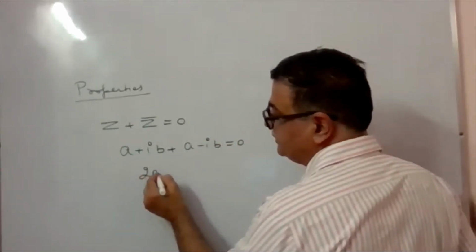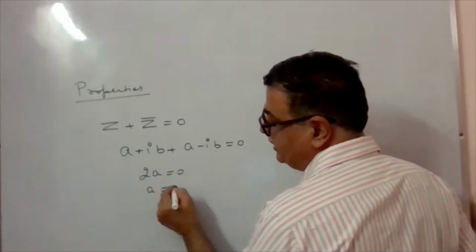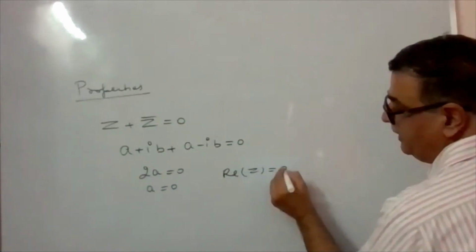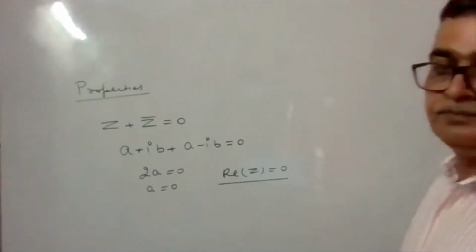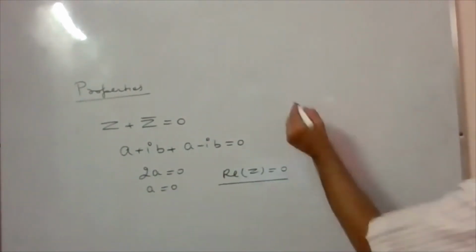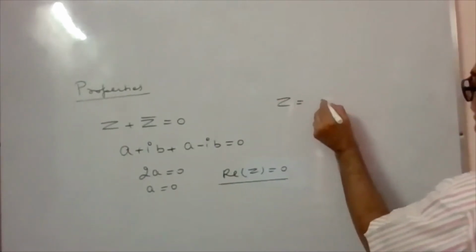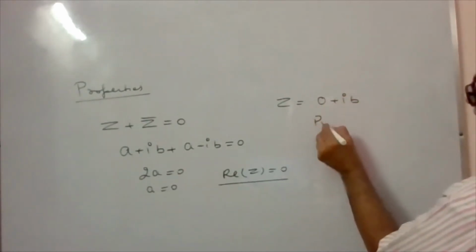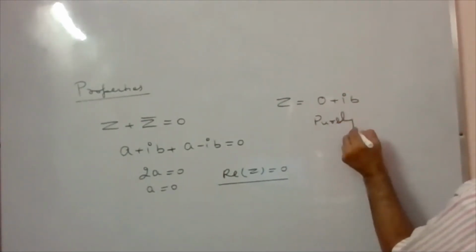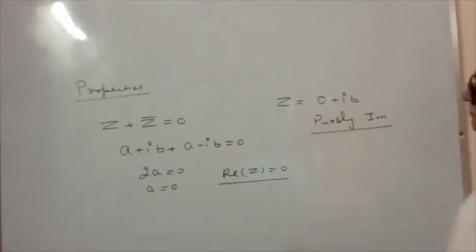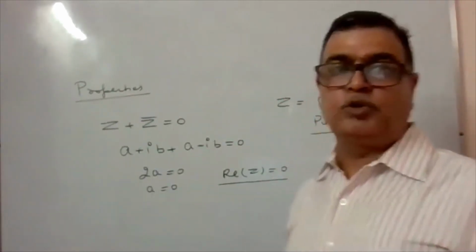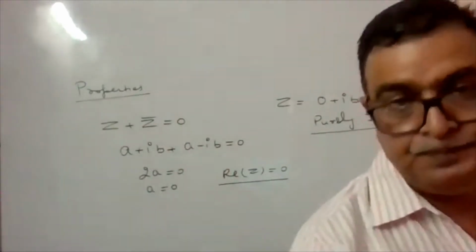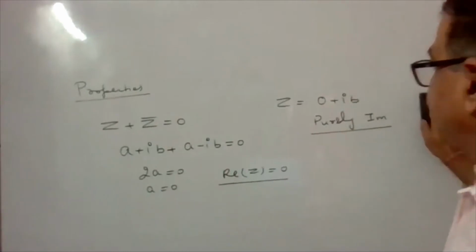That indicates twice of A is 0, or A is coming 0. Real part of the complex number is 0. That means the complex number will be purely imaginary, 0 plus iota B. So the complex number comes out to be purely imaginary if you have Z plus Z bar is 0.